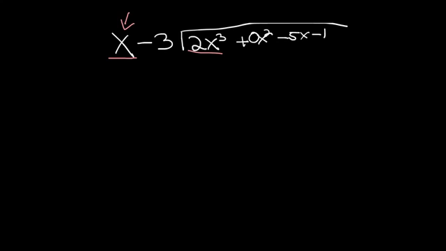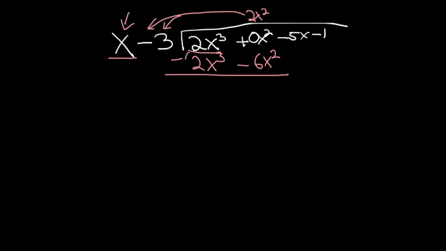In this case, x goes into 2x cubed 2x squared times, right? Now you multiply it through to both terms and write it underneath the dividend, just like any other long division problem. So you would get 2x cubed minus 6x squared.